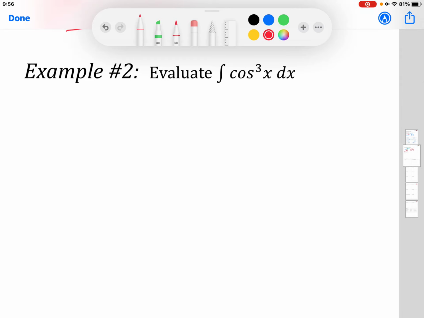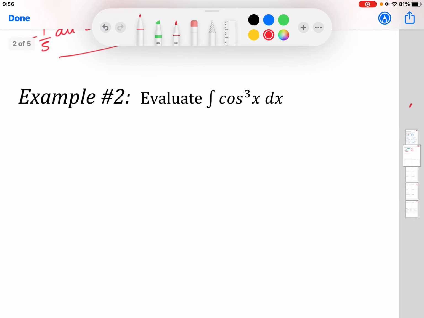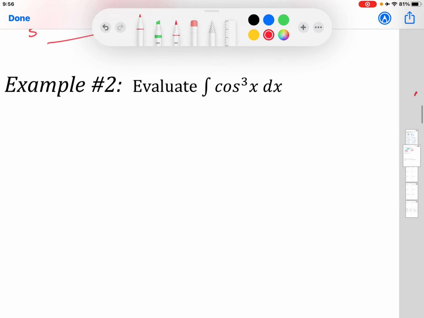Okay, so here evaluate the integral of cosine cube x dx. I am going to be using one of the known identities here. We know cosine square x plus sine square x equals 1.